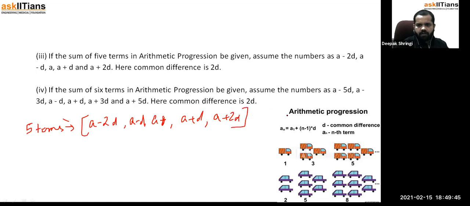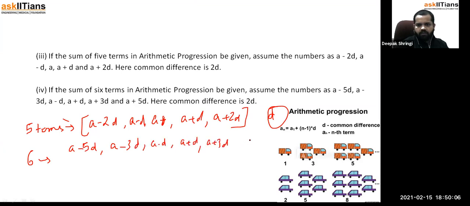So the common difference is D. If six terms are given, take A minus 5D, A minus 3D, A minus D, A plus D, A plus 3D, A plus 5D. This common difference will be 2D.